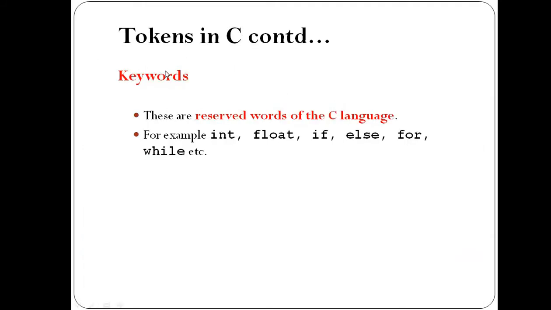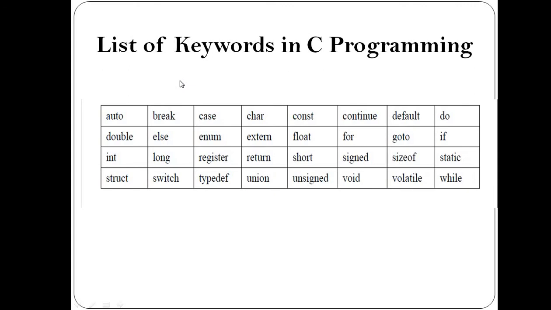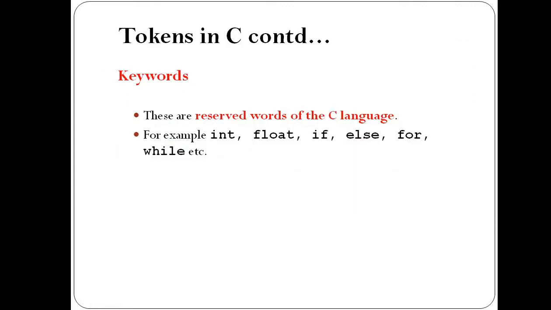So the first token in C is keywords. Normally, keywords means what? Keywords are nothing but a combination of words. That is the basic meaning. But in the C language, some words are used for a specific purpose. Some words are already defined for some basic purpose.